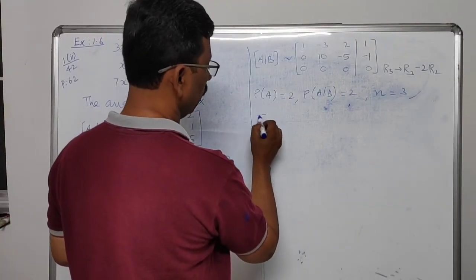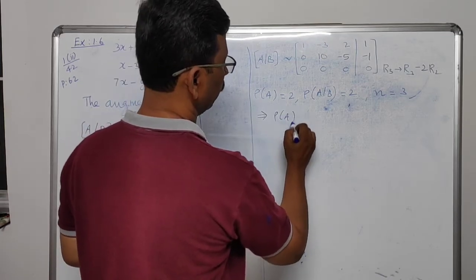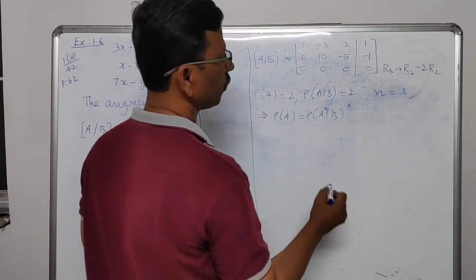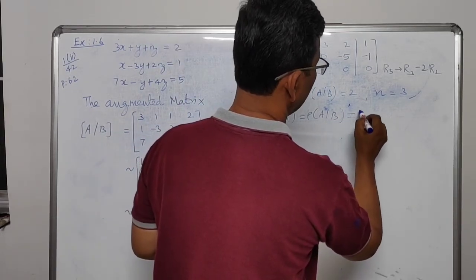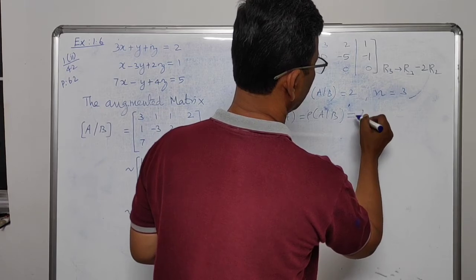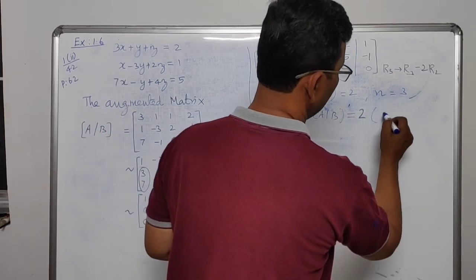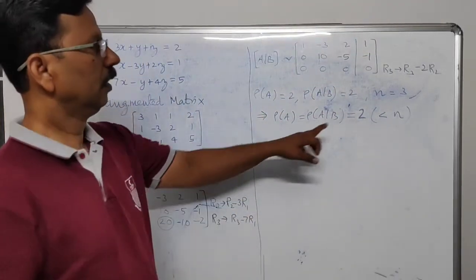Now by the Rouché-Capelli theorem, we can say rank of A equal to rank of AB equal to 2, which is less than the number of unknowns, which is n. n equal to 3.